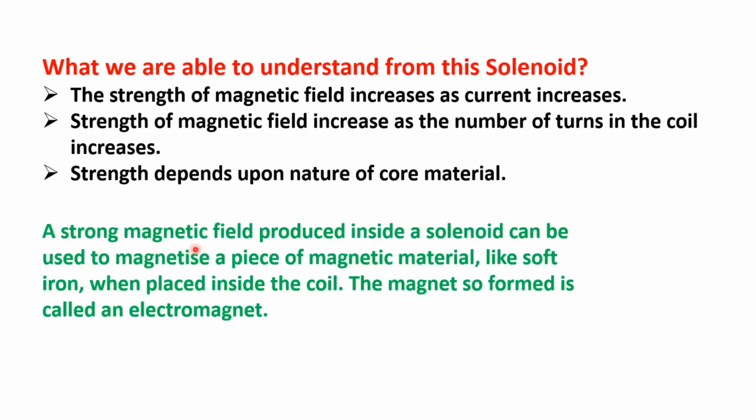A strong magnetic field produced inside a solenoid can be used to magnetize a piece of magnetic material like soft iron when placed inside the coil. So if inside the solenoid we are placing a soft iron, this soft iron will act like an electromagnet. The magnet so formed is called an electromagnet.